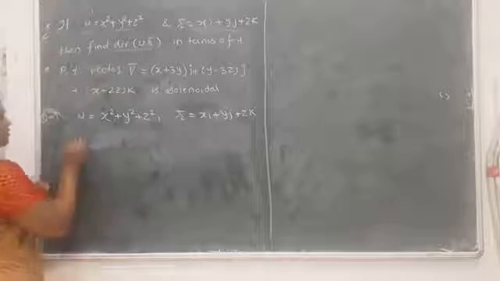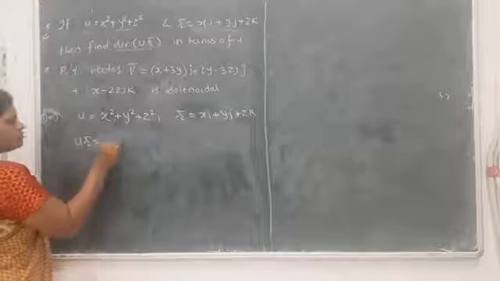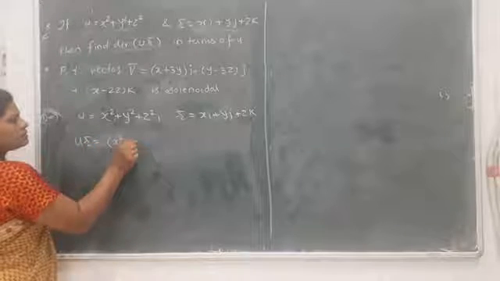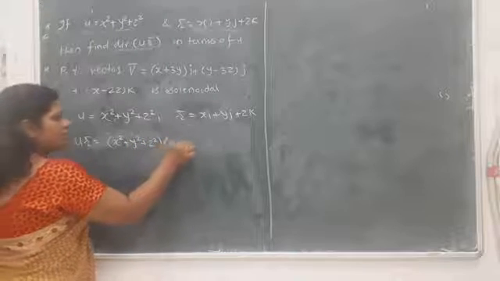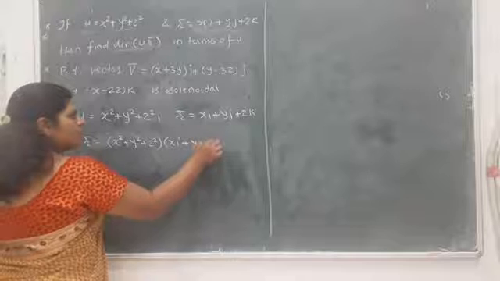So u into r bar is equal to (x square plus y square plus z square) into (xi plus yj plus zk).